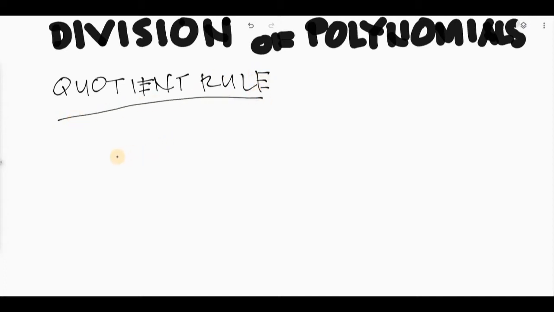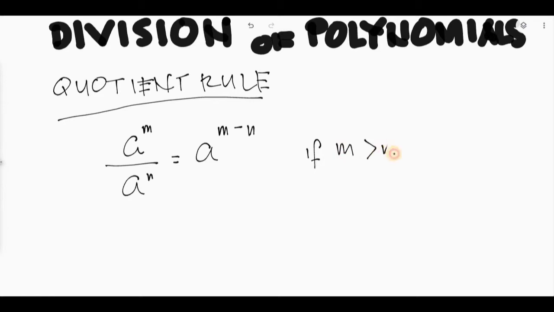Sabi dyan, for any non-zero real number a and for any integers m and n, if I have the same base, pinag-uusapan natin same base pa din, that would become a raised to m minus n. So pinag-subtract lang natin if m is greater than n.